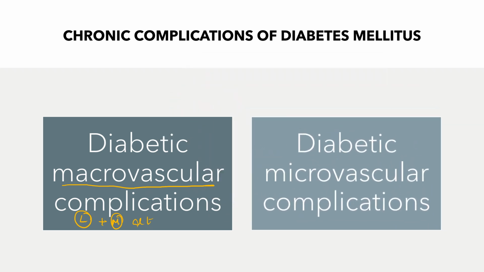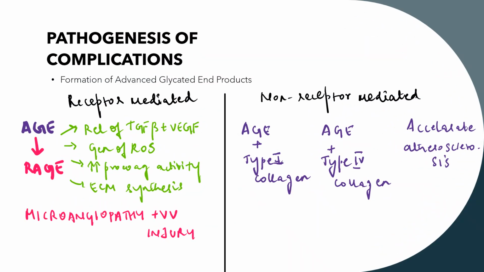Diabetic microvascular complications are those that occur in small sized arteries. We must understand that diabetes mellitus or its complication is not solely due to hyperglycemia. Like we saw in the previous videos, it is also because of insulin resistance, obesity and several other factors.